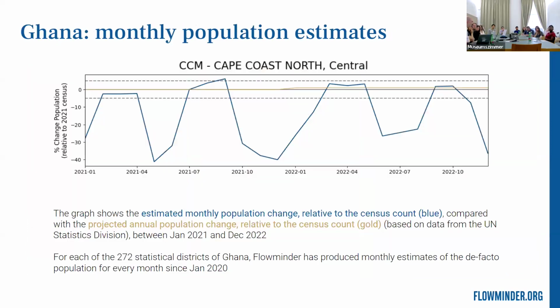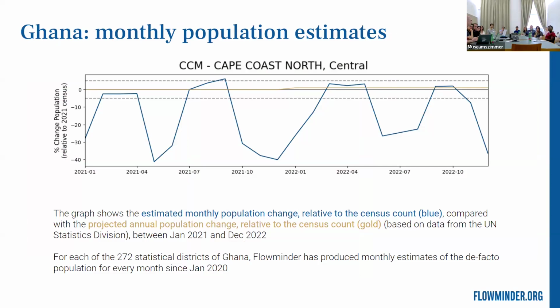Shown as a time series for one of the districts, Cape Coast North District in central Ghana, here is a graph for a district that has quite large fluctuations. We do see quite some seasonal or cyclical fluctuations.